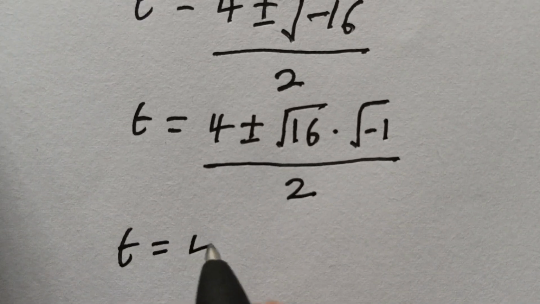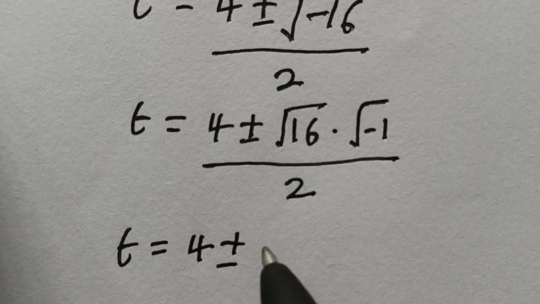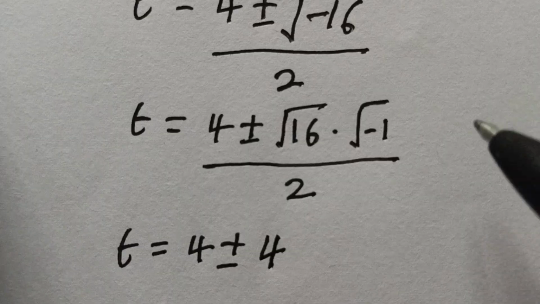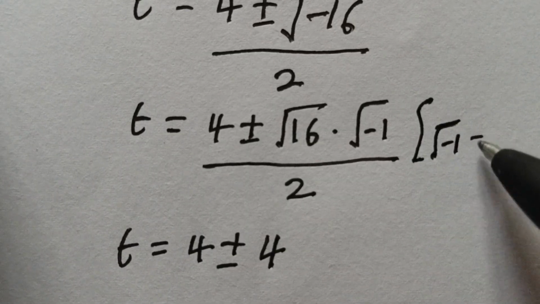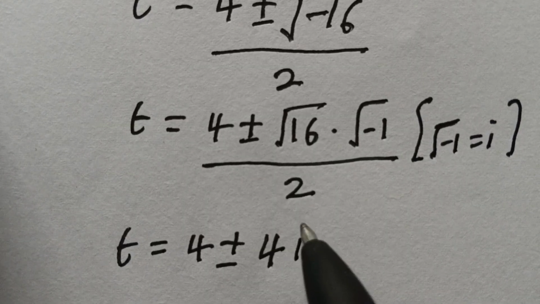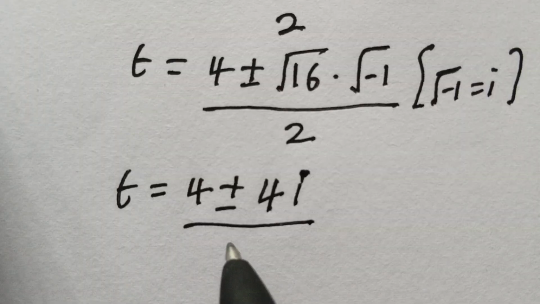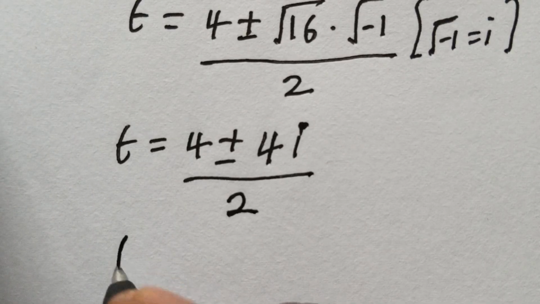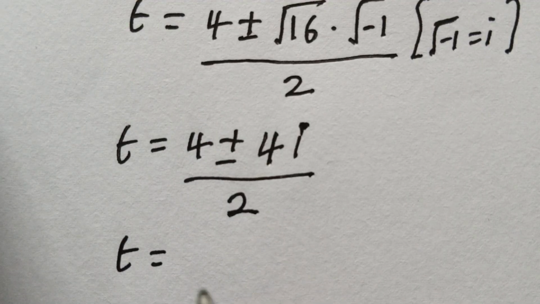T equal to 4 plus or minus, what is square root of 16? That is 4. And don't forget, from complex numbers, square root of minus 1 is equal to i. So we have i here, divided by 2. T equal to, from this numerator, we can factor out 2.